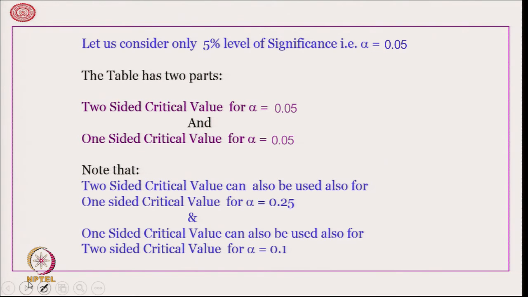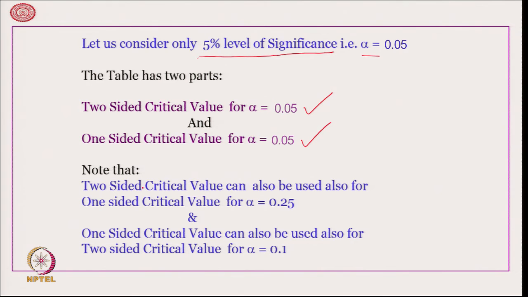Consider that you are testing at the 5% level of significance, that means alpha is equal to 0.05. Now, this can be one sided or two sided. Hence, the table has two parts: the two sided critical value for alpha equal to 0.05 and the one sided critical value for alpha equal to 0.05.